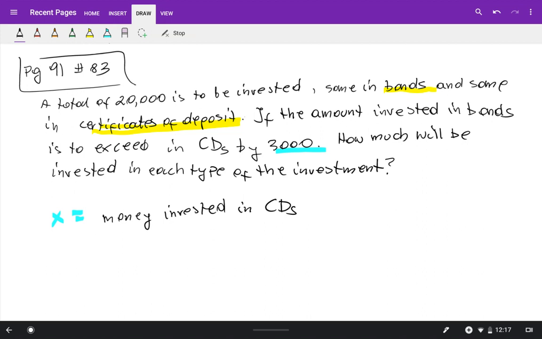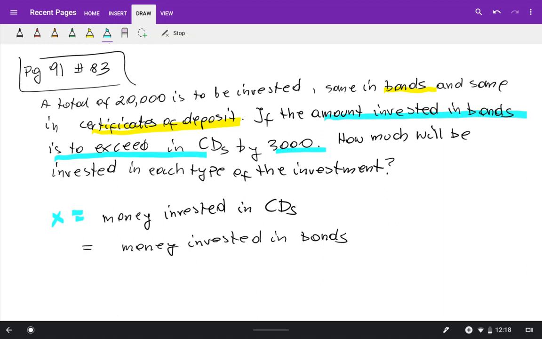Okay, so now you have to figure out how you're going to express the money which we invest in bonds. So this is your sentence. We know the amount invested in bonds is to exceed CDs by 3,000. So in bonds, we invest 3,000 more than in CDs.